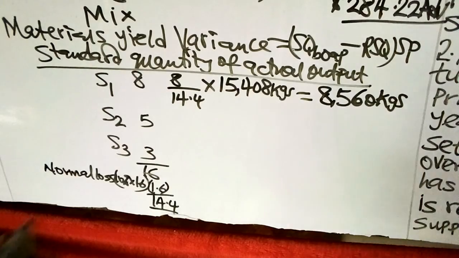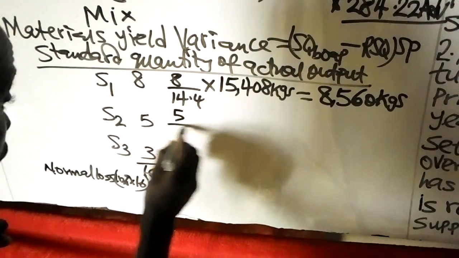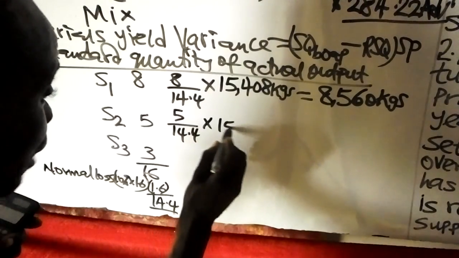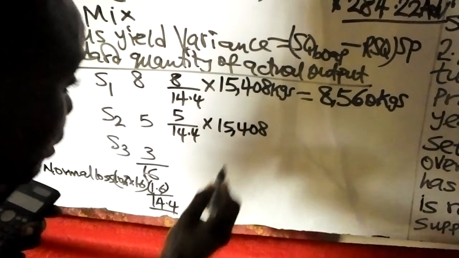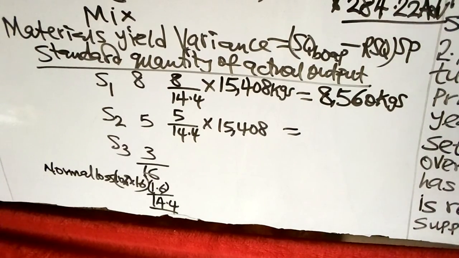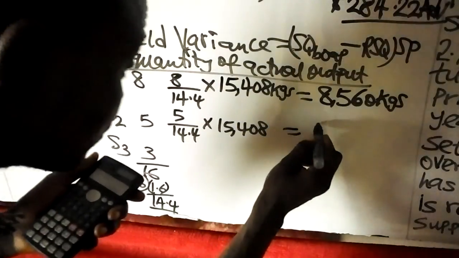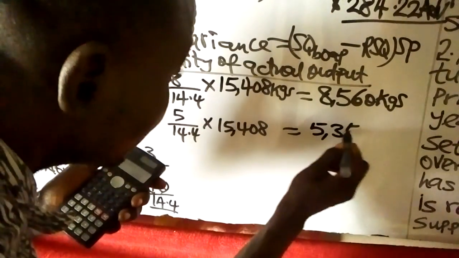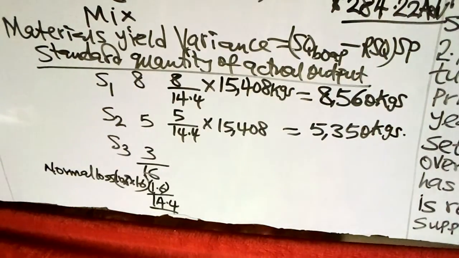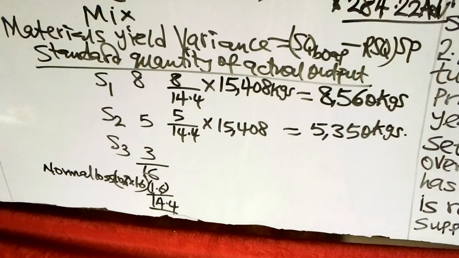For S2, you have 5 over 14.4 times 15,408. Then we have 5,350 kgs.